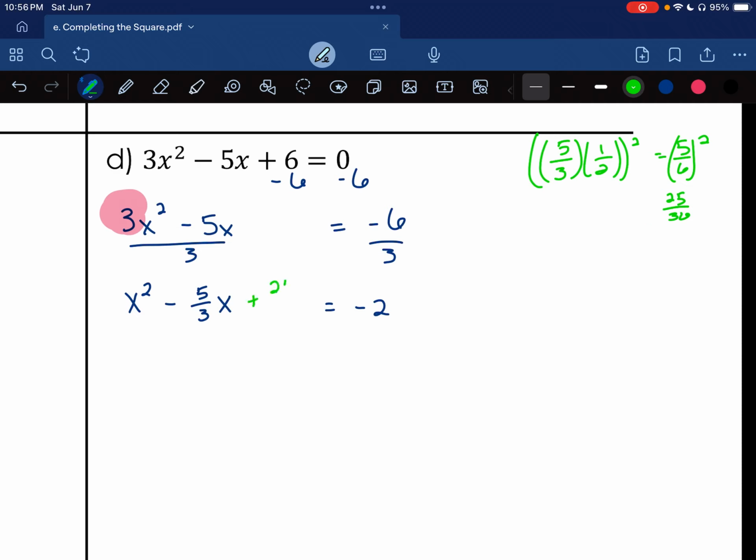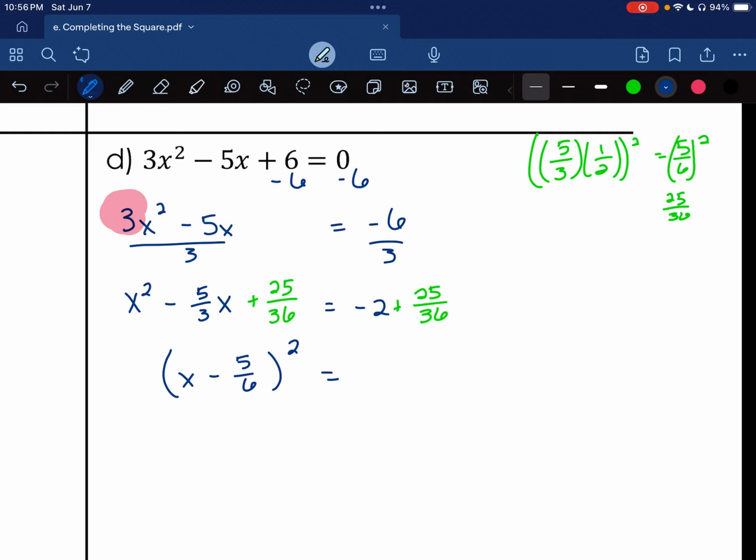Not horrible, I promise. All right, so now this still factors perfectly. It's one binomial squared. We'll have x minus 5 over 6 squared. Over here, if I add negative 2 plus 25 over 36, I'm going to get negative 47 over 36.